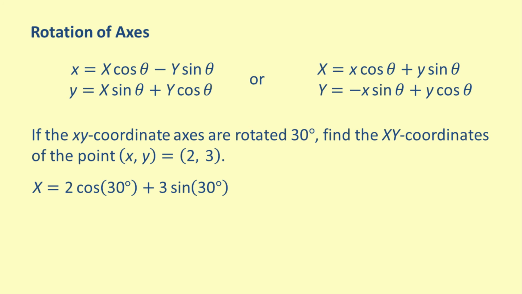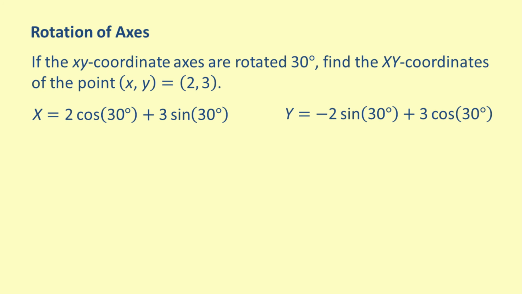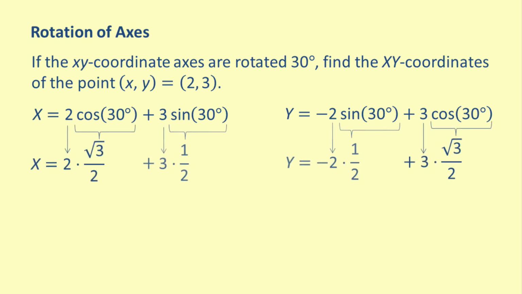So, we have capital X equals 2 times cosine of 30 degrees plus 3 times sine of 30 degrees, and capital Y equals negative 2 times sine of 30 degrees plus 3 times cosine of 30 degrees. Since cosine of 30 degrees equals the square root of 3 over 2, and sine of 30 degrees equals 1/2, these equations simplify to capital X equals the square root of 3 plus 3/2, and capital Y equals negative 1 plus the quantity 3 times the square root of 3 over 2.